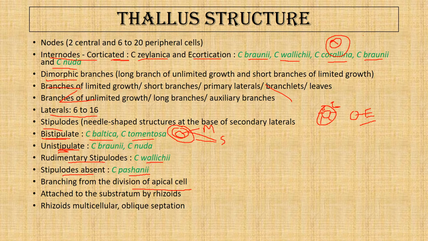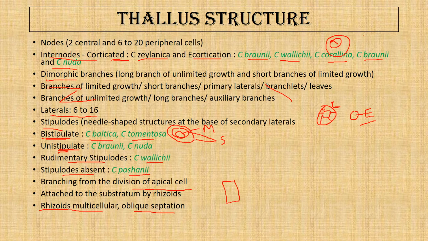When we discussed Oedogonium and Ulothrix, this type of algae, we saw that growth was in the intercalary cells and the cap cells. But here in Chara, growth occurs by division of the apical cells. And then the rhizoid, I have already told that the rhizoid is multicellular, but one thing is that they have oblique septations.